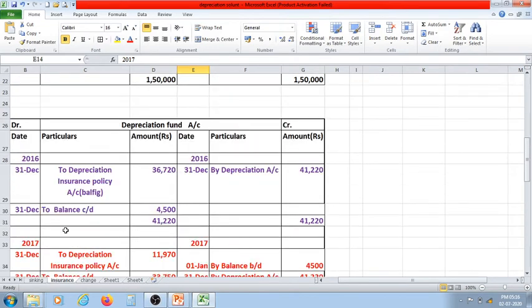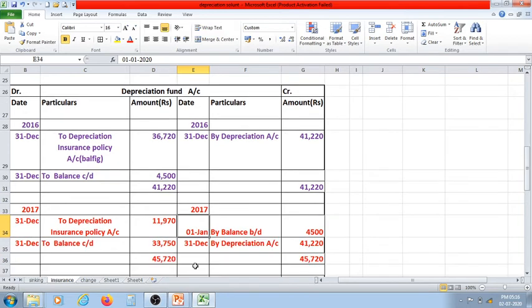In the fund account, we shall first open the account, that is on 1st January, by balance carried down 4,500, and then we write the depreciation for the year. The depreciation, as I told you, remains fixed because the premium amount is fixed.